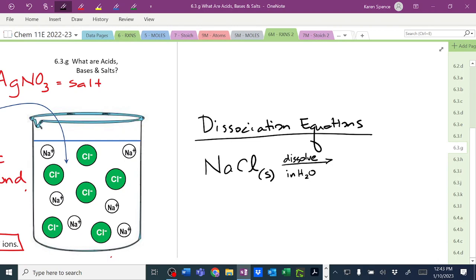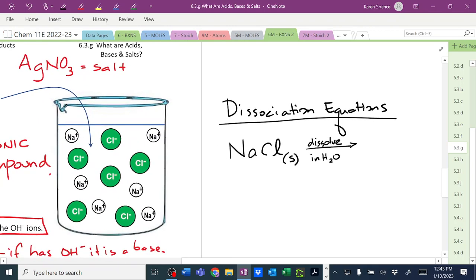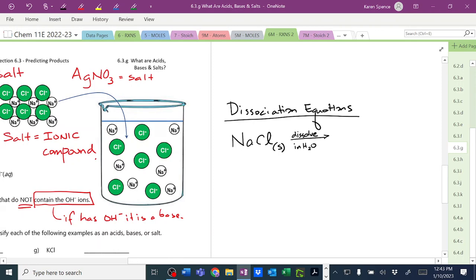What would we write as our products there? And if you're having trouble thinking of it, you can just look at this picture right here, because we have solid salt here. This is the NaCl solid.